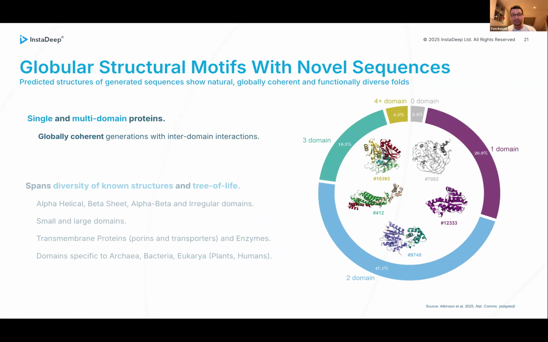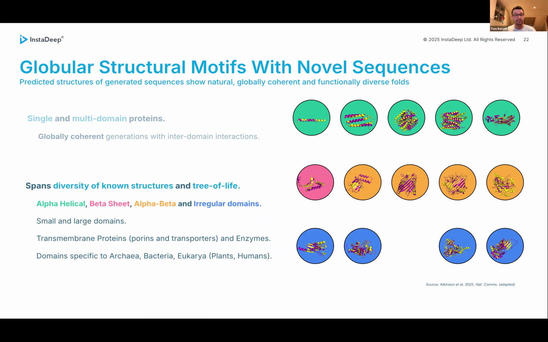And we can really get into this and start to look at biology a bit and talk about how many single and multi-domain proteins we're generating, right? We're generating complex proteins with up to 4 different domains within them. And if you classify these, in this case using CATH, the annotation of protein structure, we see that we're spanning the diversity of the different classes within CATH and the tree of life, right?